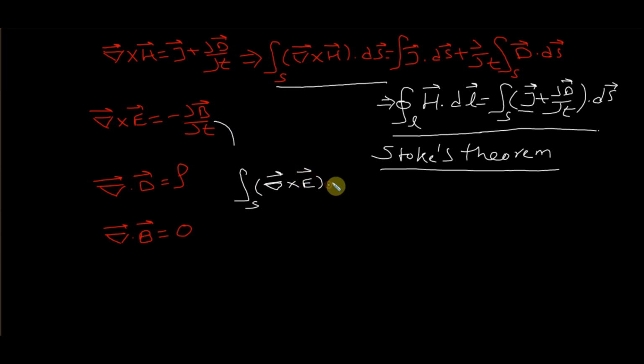Del cross E dot ds is equal to the integration, take minus out, curl B upon curl T dot ds. Simple. So you can write it like this.